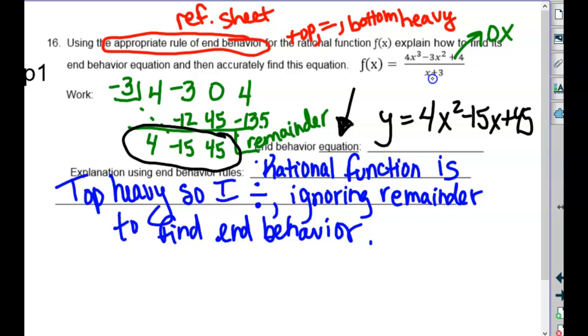Okay? It looks like a parabola, except there's some goofiness going on around what? -3. Okay? So my guess is it looks like this. Something like that. So in the end, it would look like a parabola, but there's this goofy break at -3. Okay?